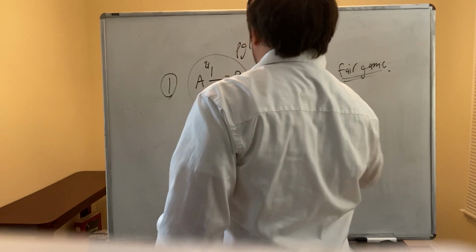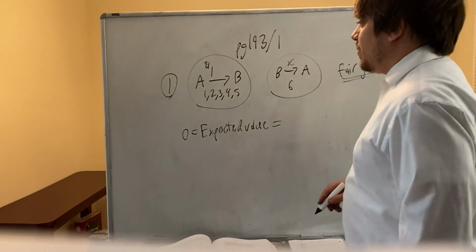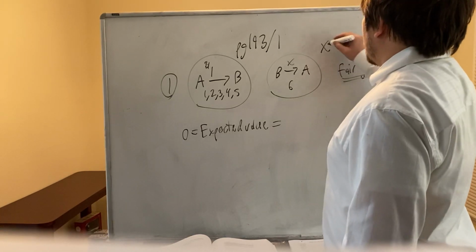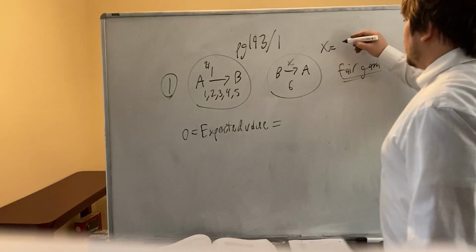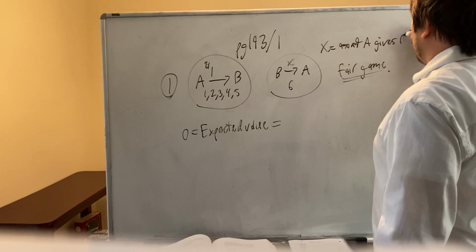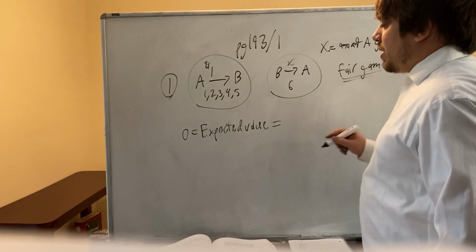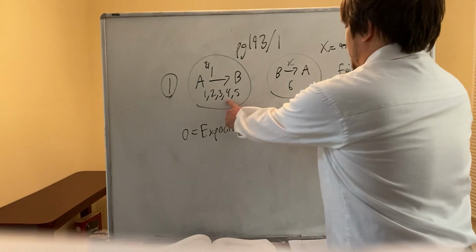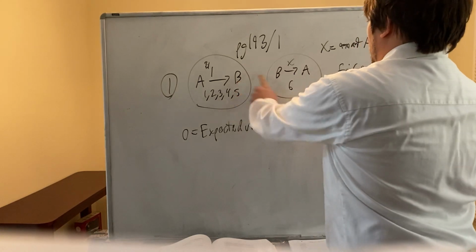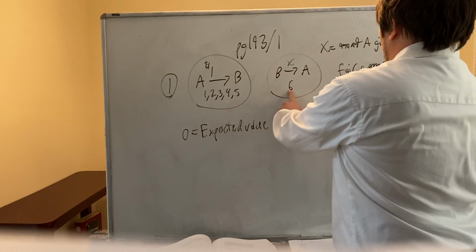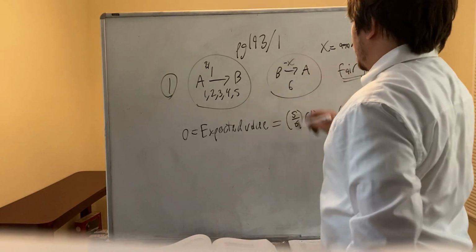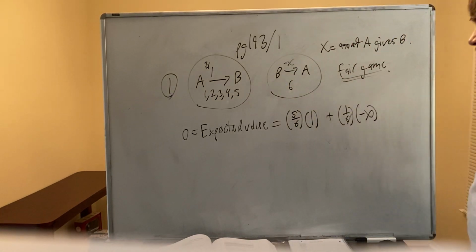Let capital X be the amount A gives B. The expected value is a 5/6 chance that A gives B $1, plus a 1/6 chance A gives B negative X dollars.